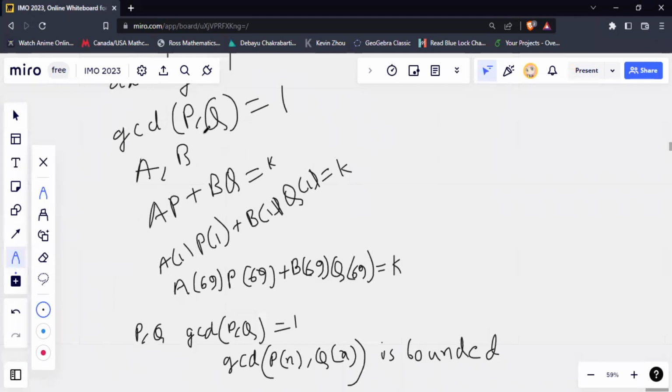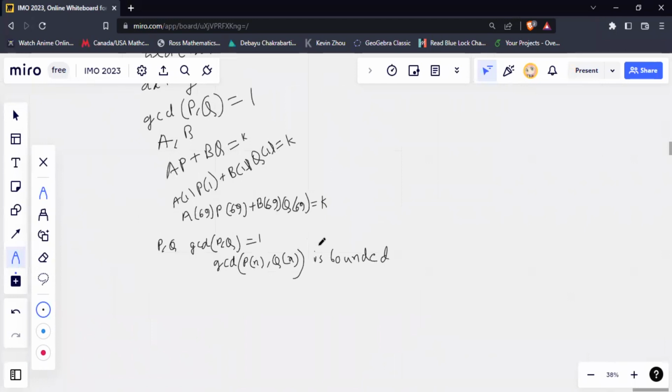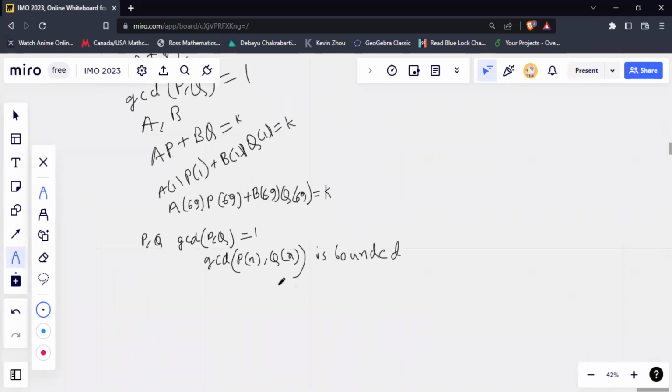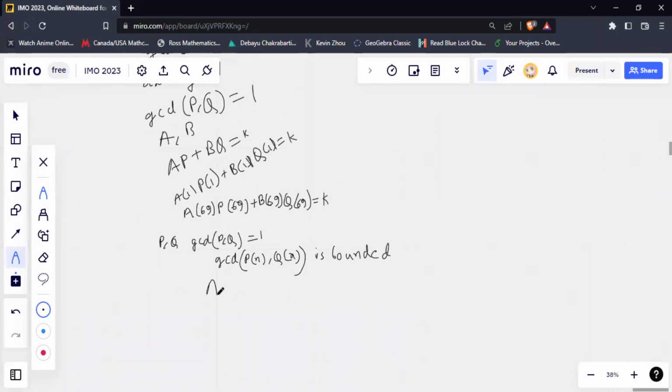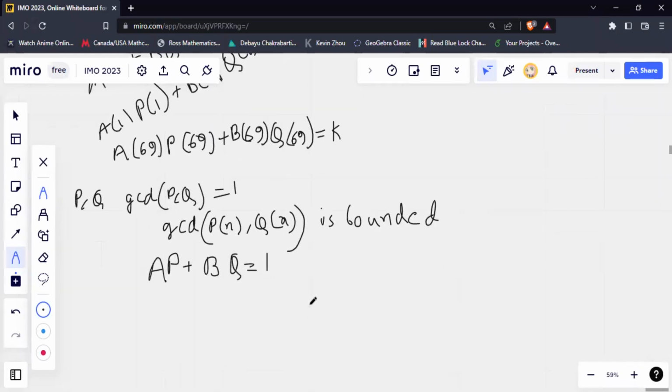So you know that there exist some A, B such that you can write AP plus BQ equals some constant, and then you can scale things to make P and Q integers.